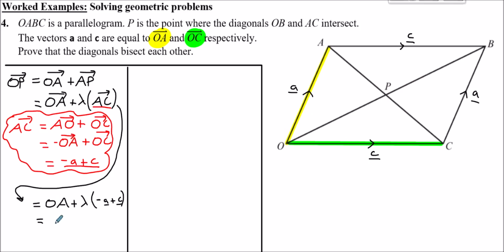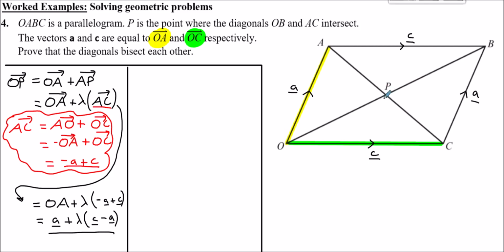From O to A is A. So we've got A plus some multiple of minus A plus C, which I'm just going to call C minus A. Just put the positive thing first. So that's OP.